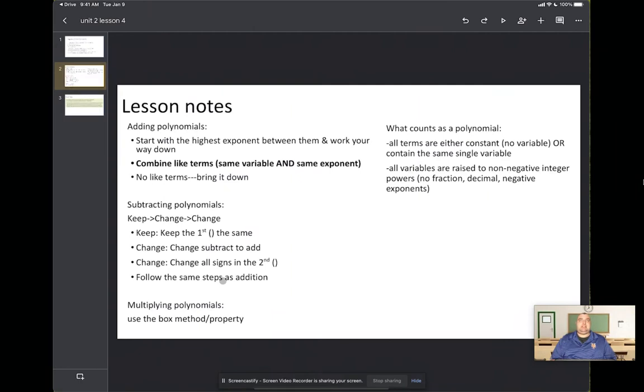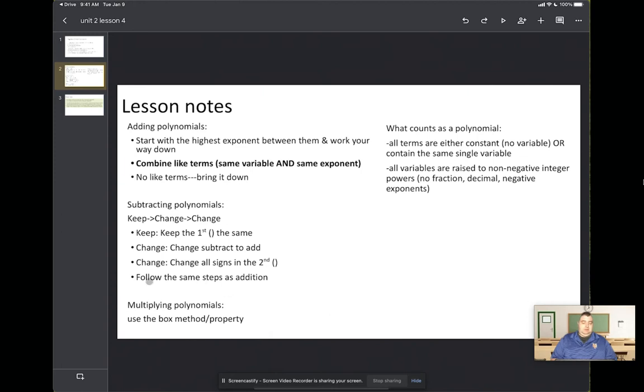So if the term is positive, switch it to negative. If the term is negative, switch it to positive. Essentially, we change it to an addition problem so that we can follow the same steps as addition.